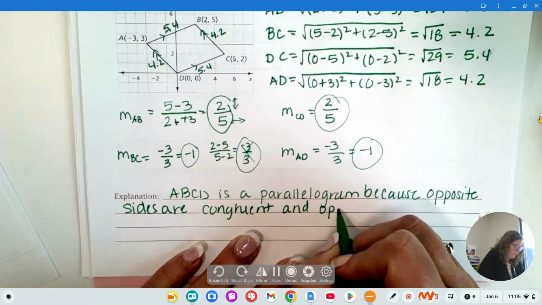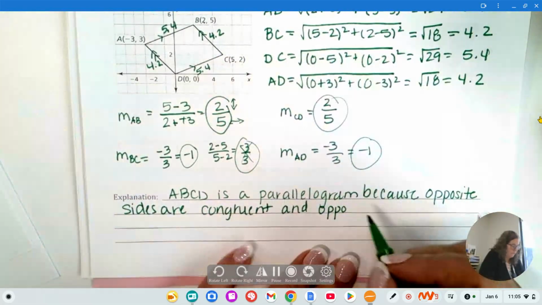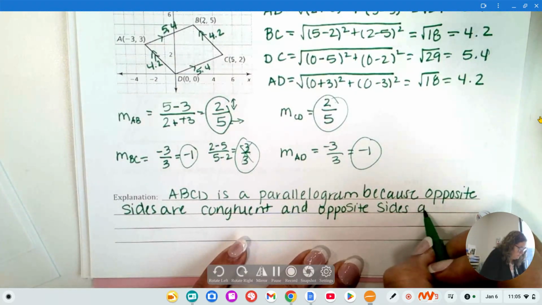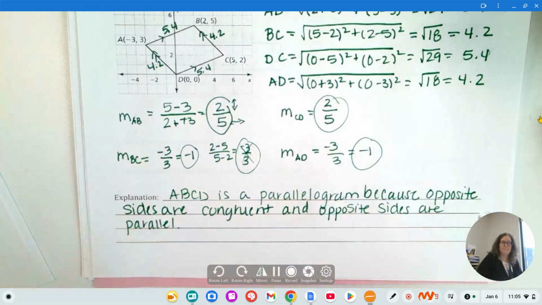So you're kind of telling your findings in both the side lengths and both the slopes. Okay, and that is done with one question.